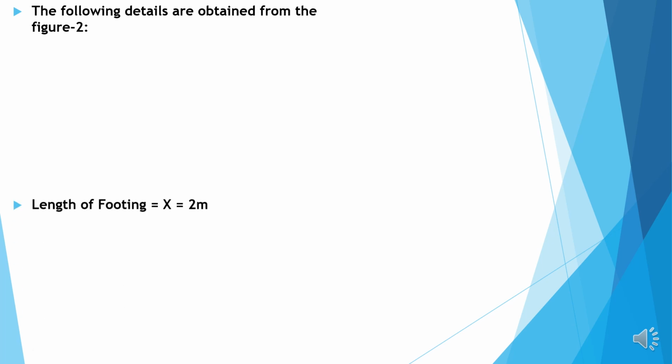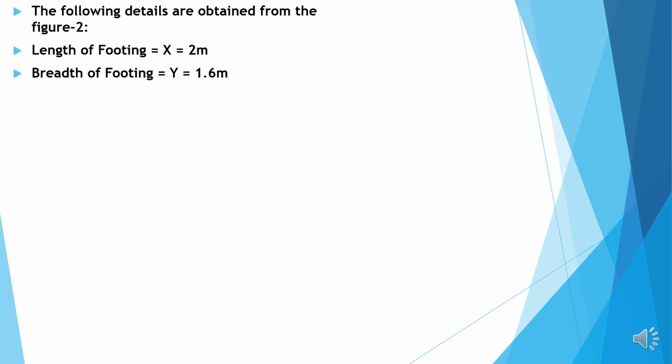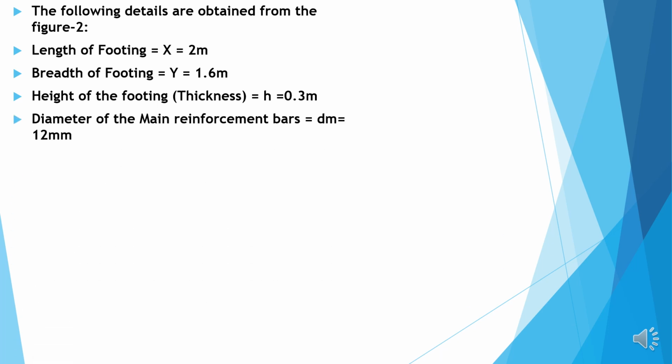The following details are obtained from figure 2. Length of the footing X is equal to 2 meters. Breadth of the footing Y is equal to 1.6 meters. Height of the footing, that is thickness, which we know as H, is 0.3 meter. Diameter of the main reinforcement bar, DM, is 12 mm.